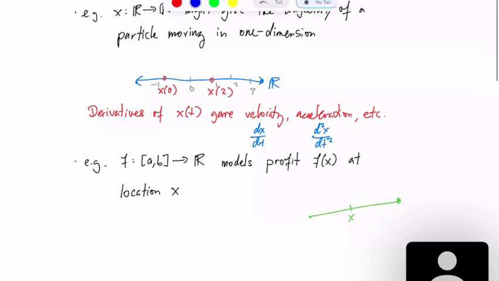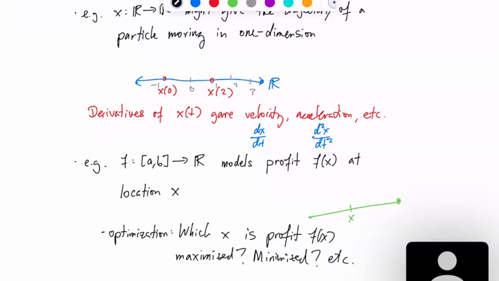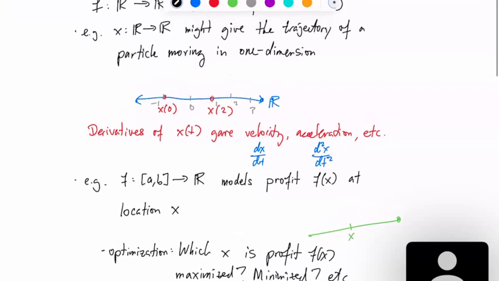Then you could do things like optimization. Which x is profit f of x maximized, minimized, etc.? These are all tools that you've seen in one-dimensional calculus.